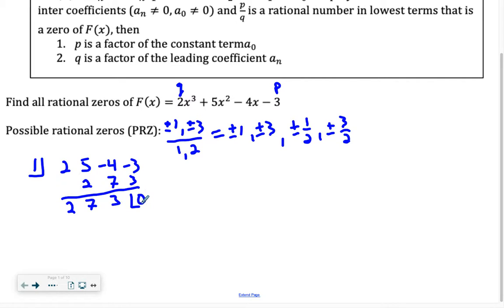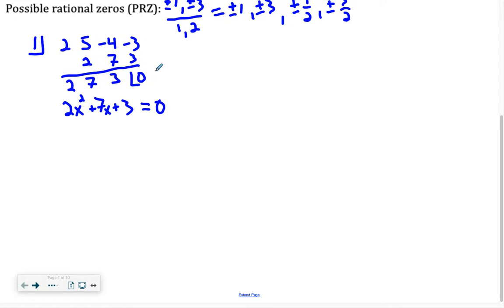Since I get 0 here, that means there is a 0 remainder, and 1 is a zero. My depressed polynomial here then, since I started with a cubic, this would be a quadratic. So this will be 2x squared plus 7x plus 3. And now I just want to solve this. So I'm going to set this equal to 0, okay, and solve this quadratic.